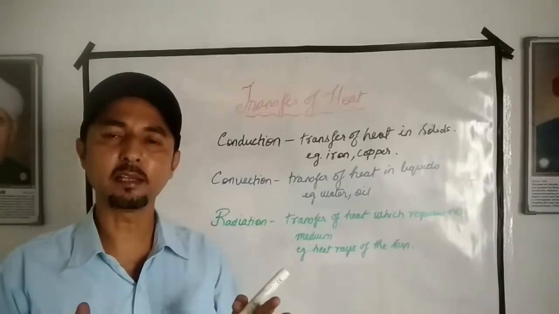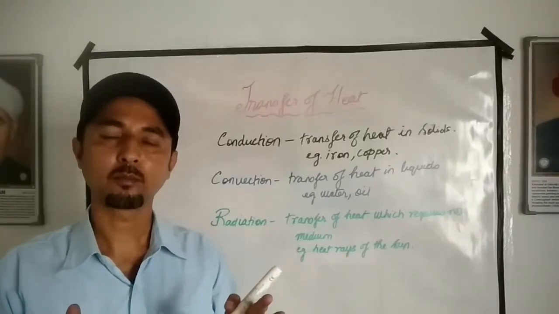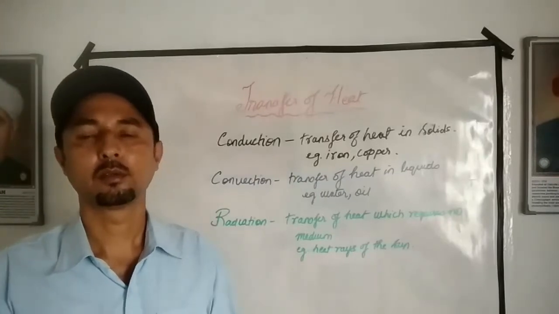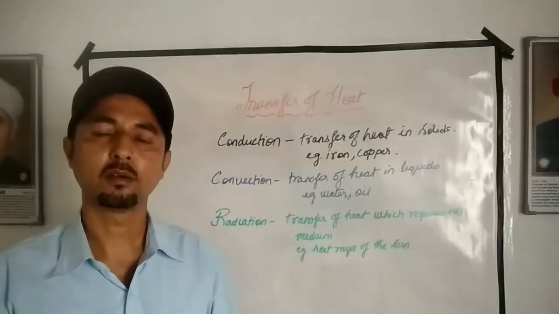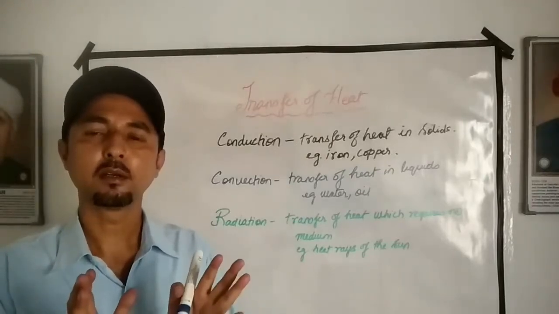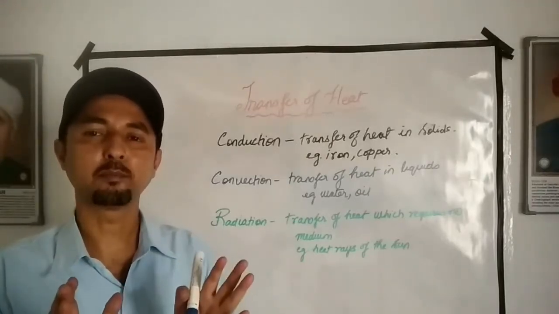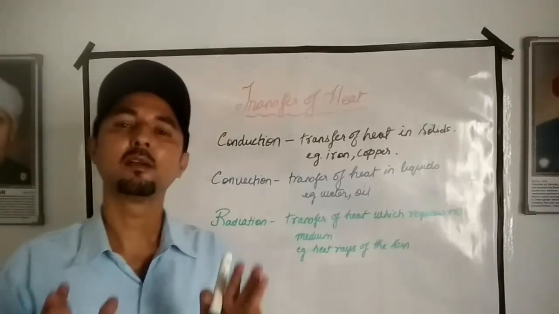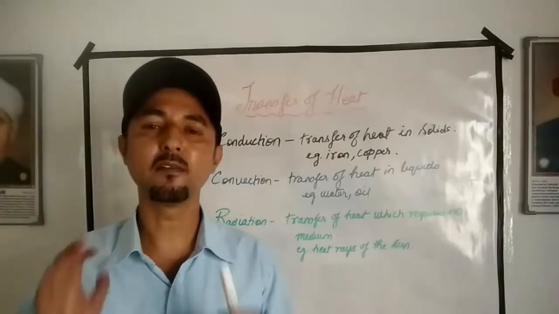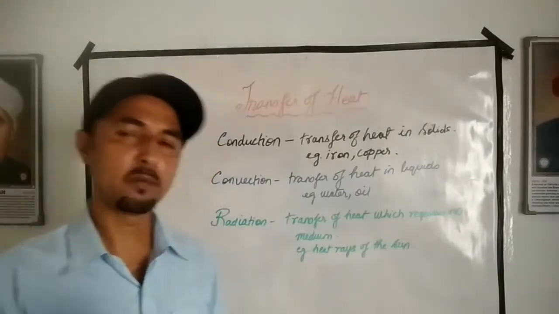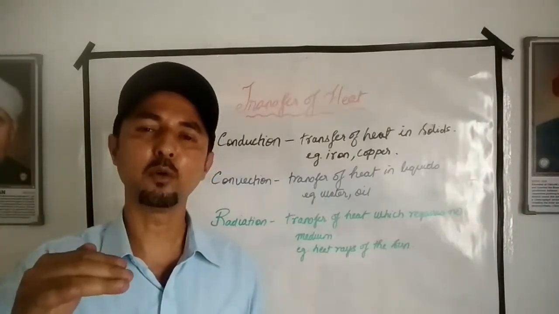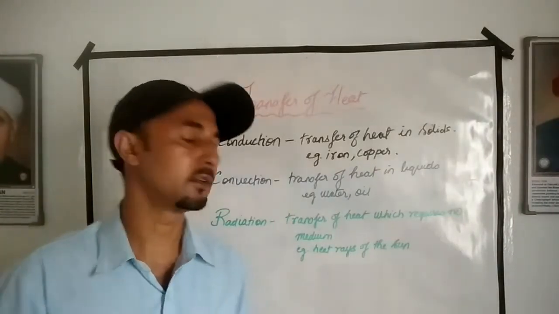When we boil anything in a pan, say water or oil, the whole water becomes heated up. That mode of heat transfer in liquids is known as convection. We will do activities to see one by one the three modes of transfer of heat.